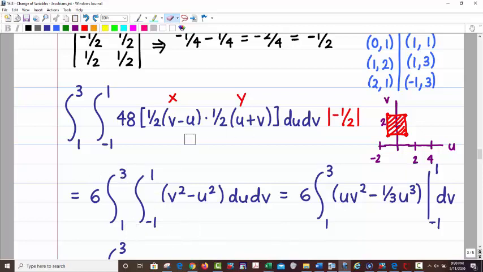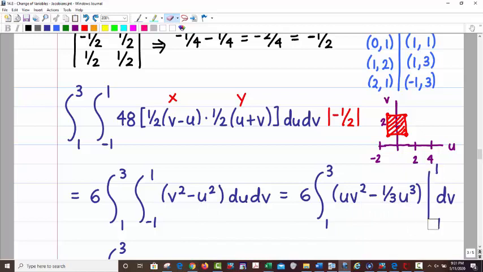And if you just FOIL out these two things in parentheses, I'll skip those steps. I figure this is calculus 3, so you should be able to do that. You're going to get v squared minus u squared. I'm not saying you have to do that in your head, but write it out, and that's what you should get. So we're going to integrate this with respect to u. The antiderivative of v squared with respect to u would just be uv squared. The antiderivative of u squared with respect to u would be 1/3 u cubed.